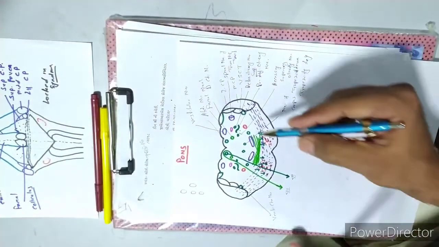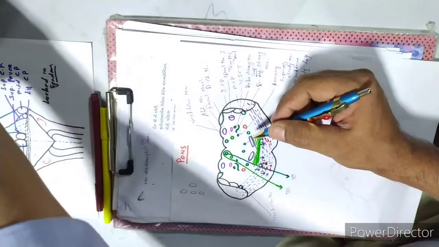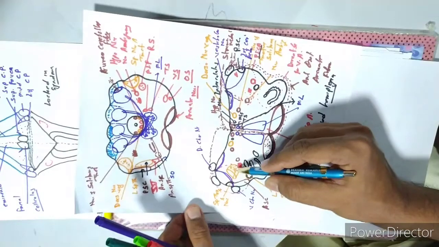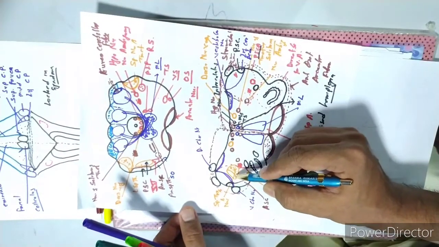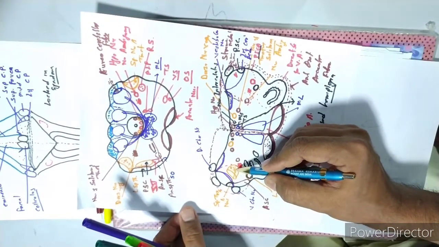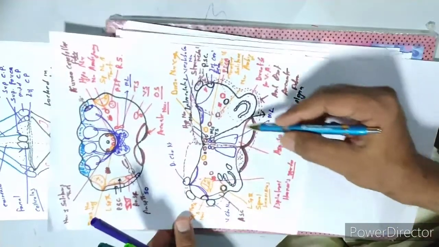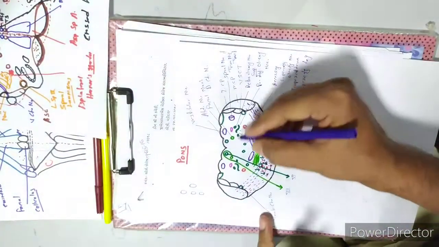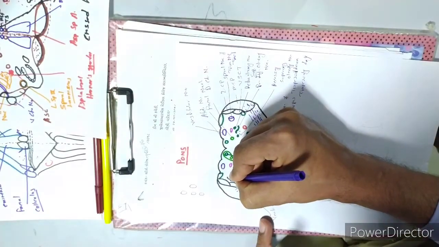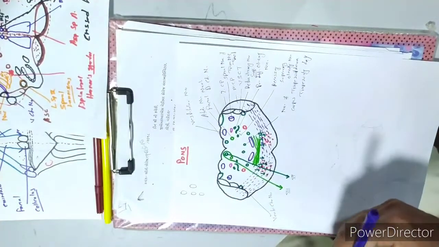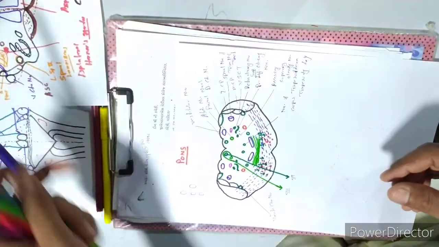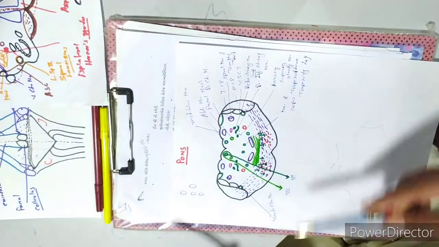It is in continuation of the trigeminal nucleus from the medulla. So laterally, this is the spinal tract of the trigeminal nerve and the nucleus. It is the same on both sides, if you see. This is the trigeminal nucleus and the tract of the spinal nucleus of the trigeminal nerve.